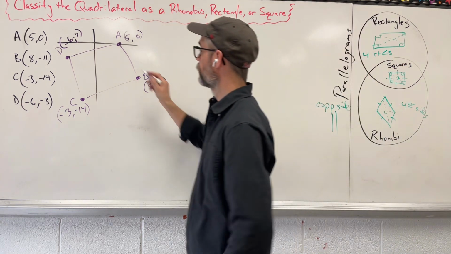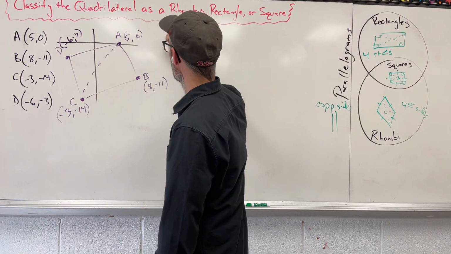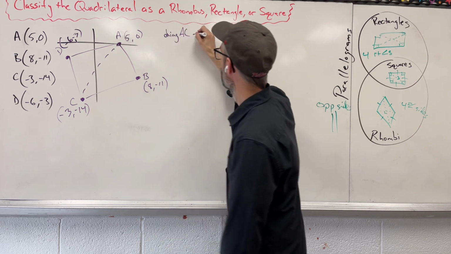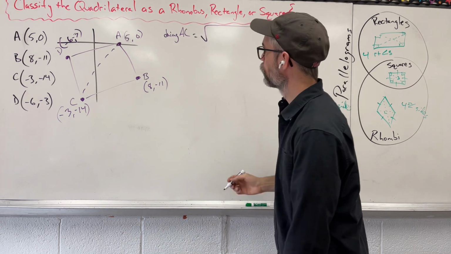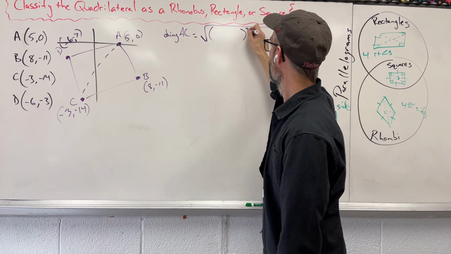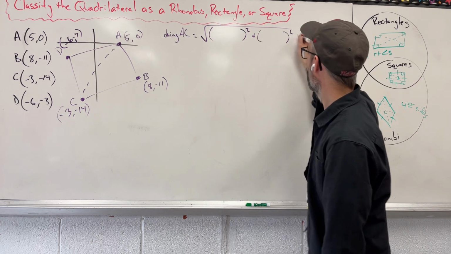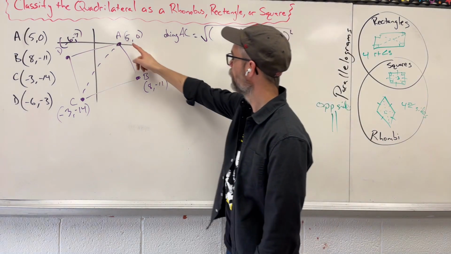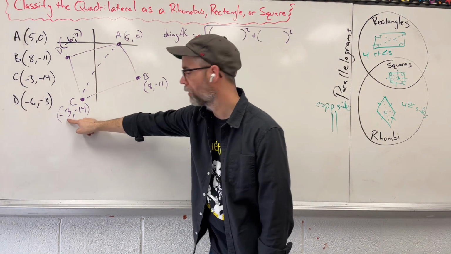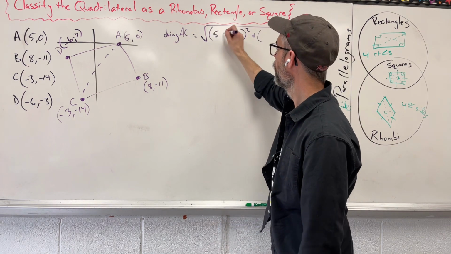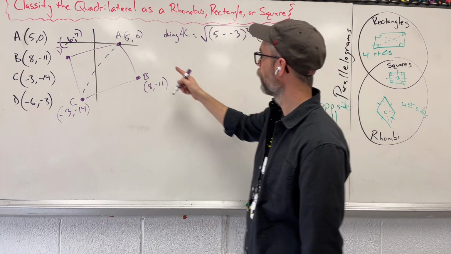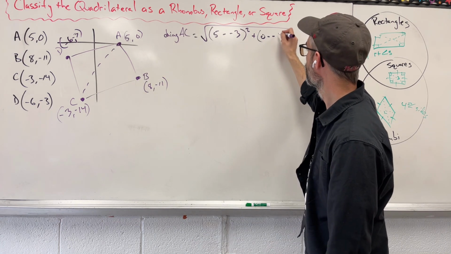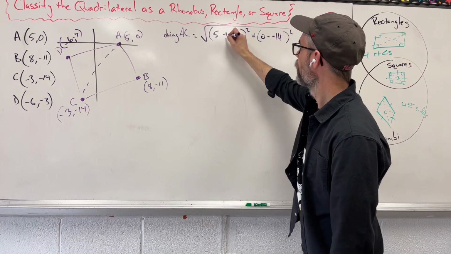Now, let's find the diagonal of AC. So we're going to do square root. We're going to take our x's, square them, add them to our y's squared, and then simplify. So let's take our x's: 5 minus negative 3, and then our y's: 0 minus negative 14, giving us a plus.